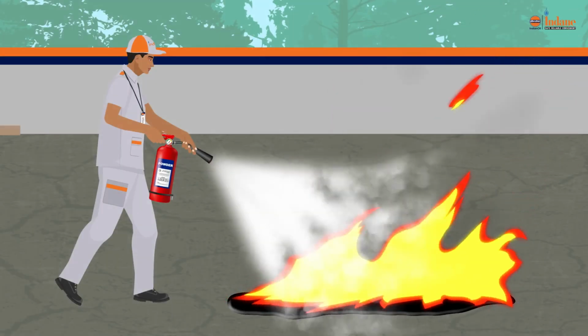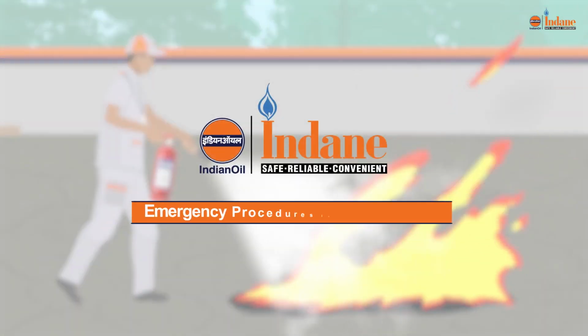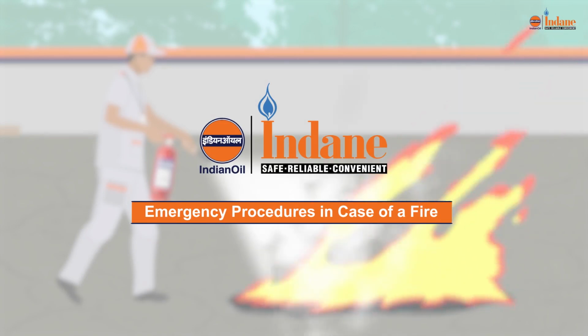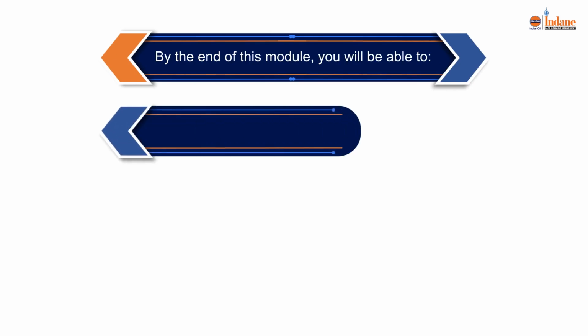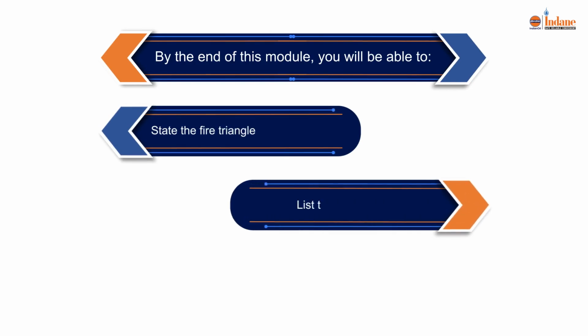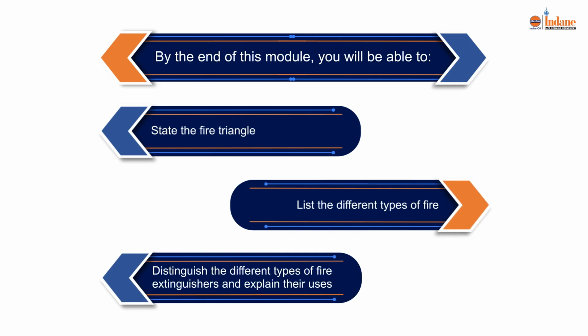Namaste. In this module, you will learn about the emergency procedures in case of a fire. By the end of this module, you will be able to state the fire triangle, list the different types of fire, distinguish the different types of fire extinguishers and explain their uses.